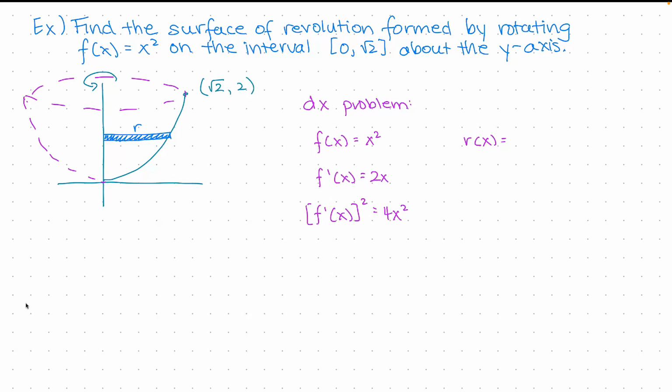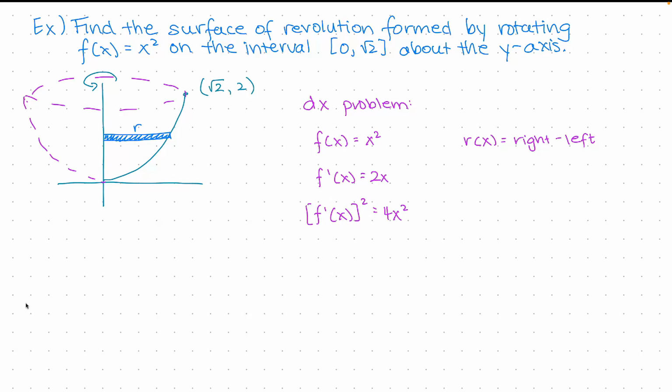Our R of X is measuring horizontally, so we are going to think of right minus left, which may seem a little weird, because right minus left, we've usually used that when it's a dy problem. But our rectangle is going horizontally, so it is measuring a horizontal distance. So we do want to think about right minus left.